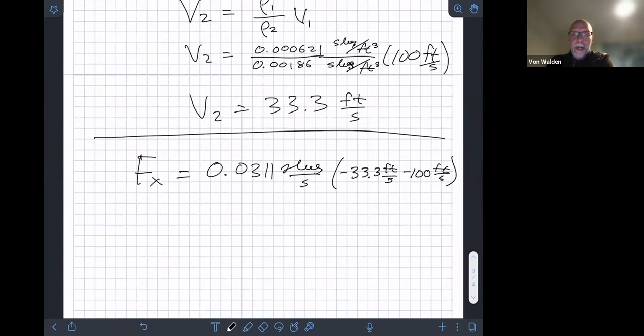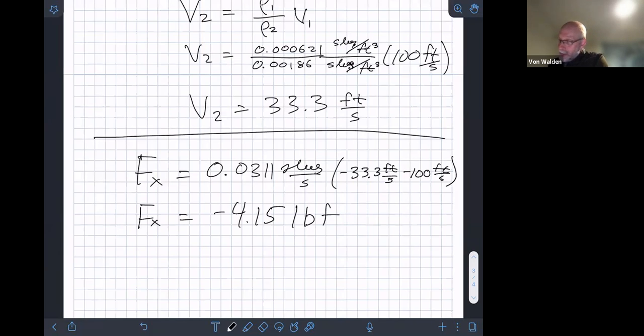So the signs again are tricky. And what you get is that Fx is equal to, if you multiply this out, minus 4.15 lbf. Because again, a foot per second squared times a slug is an lbf.